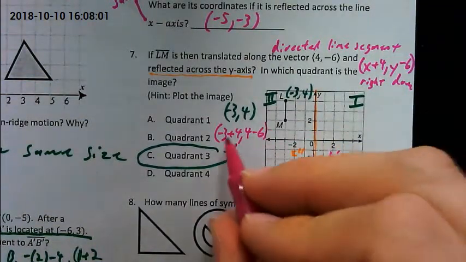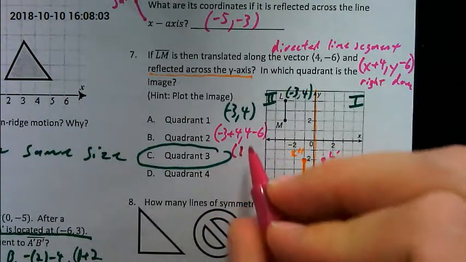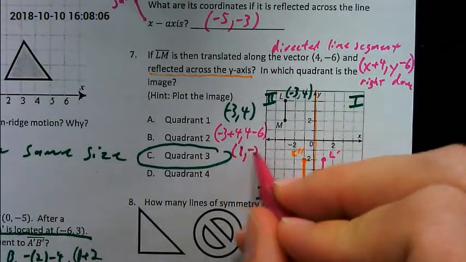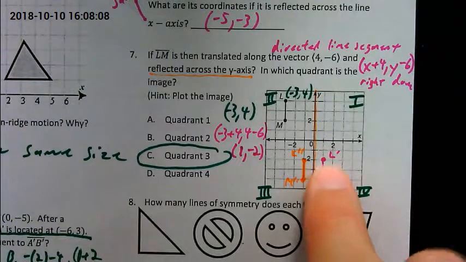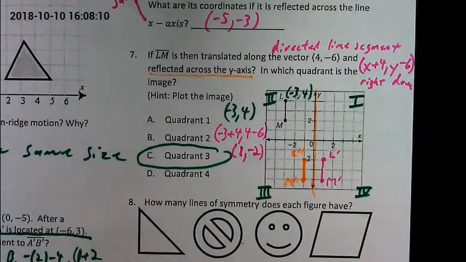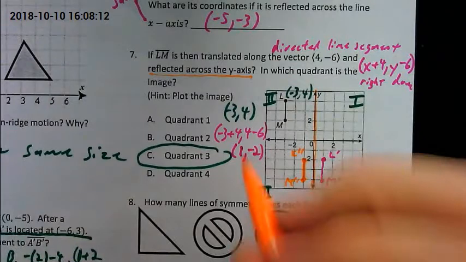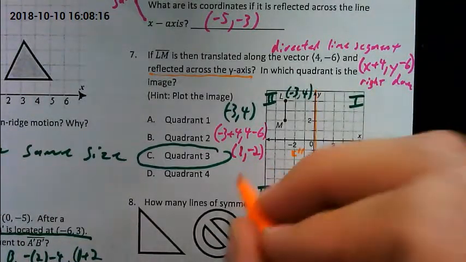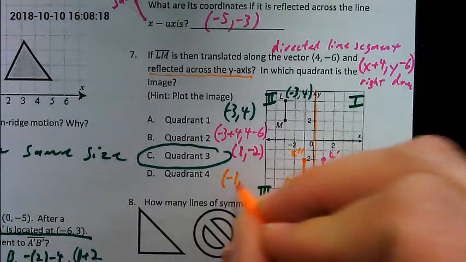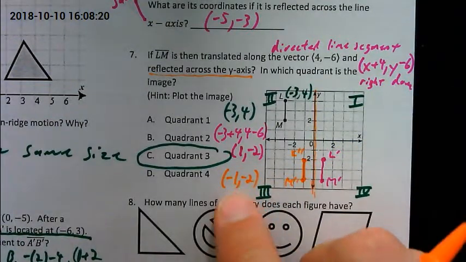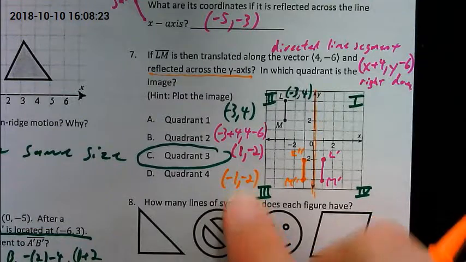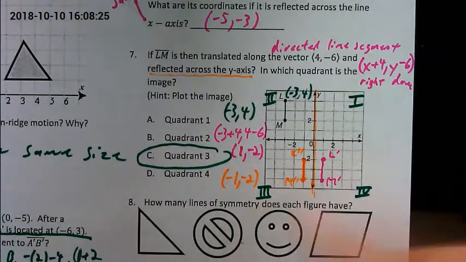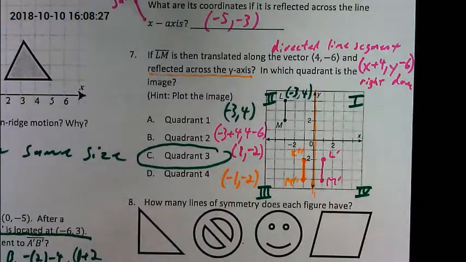So that'll give me a point at +1, -2, which you'll notice that's where it ended up. And then if you do the reflection, you make your x value negative when you reflect over the y-axis. This coordinate point is negative, negative. Negative, negative is in quadrant 3. You don't have to use the graph if you don't want to. You could just use your properties in this.